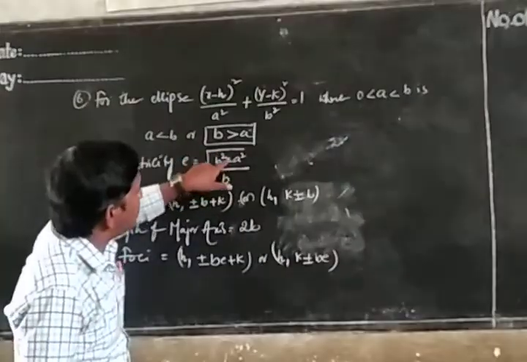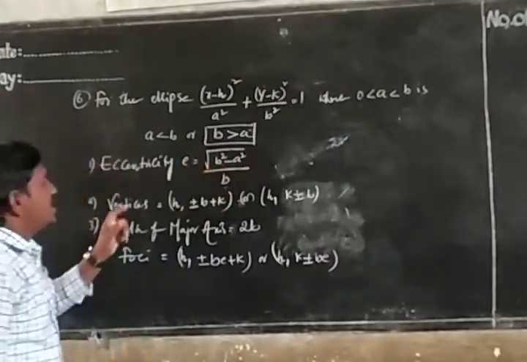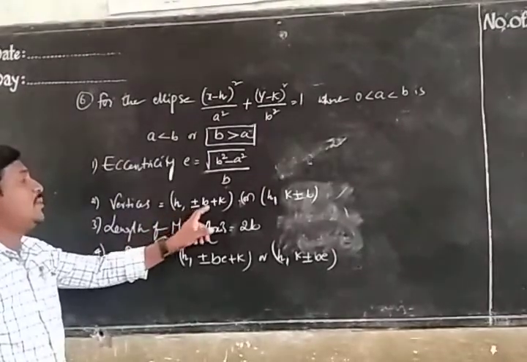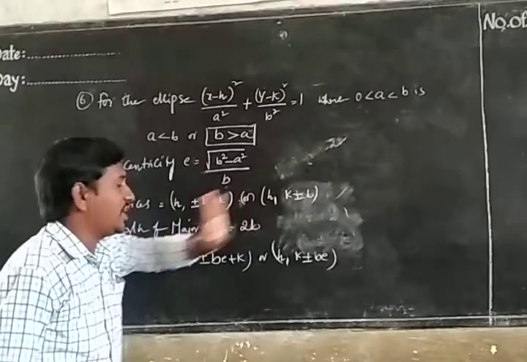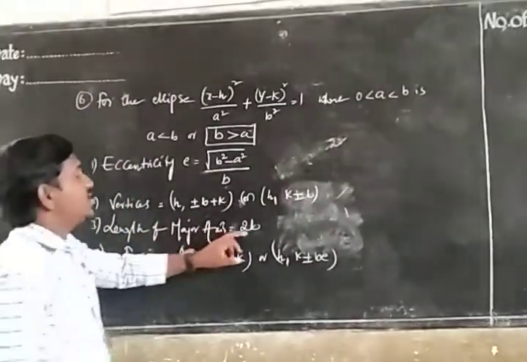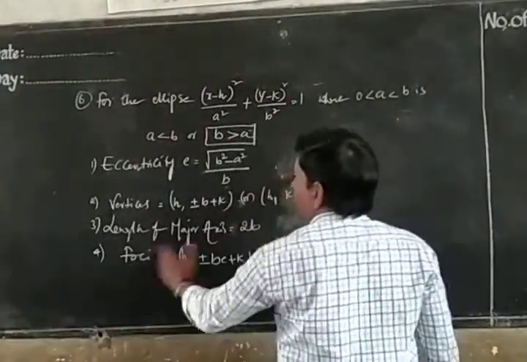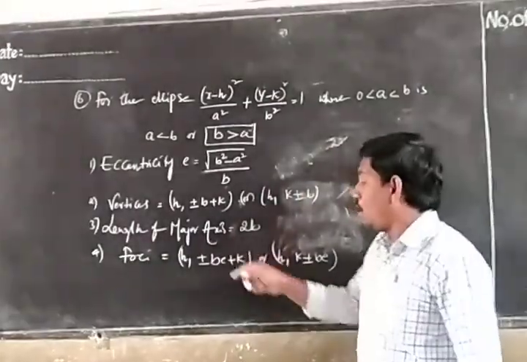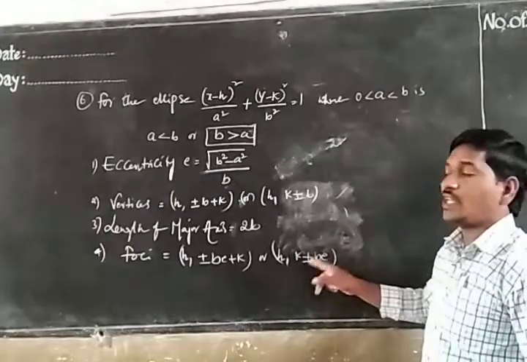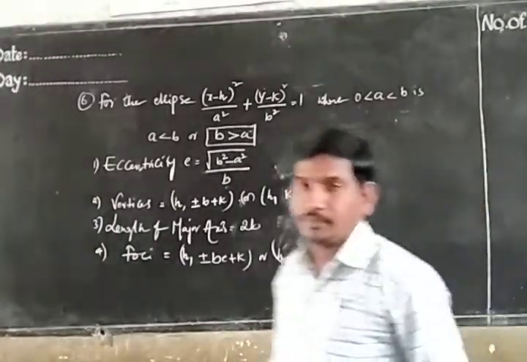Vertices are h comma plus or minus b plus k, or h comma k plus or minus b. Length of major axis is 2b, because b greater than a here. The foci are h comma plus or minus be plus k, or h comma k plus or minus be. Okay, write it up.